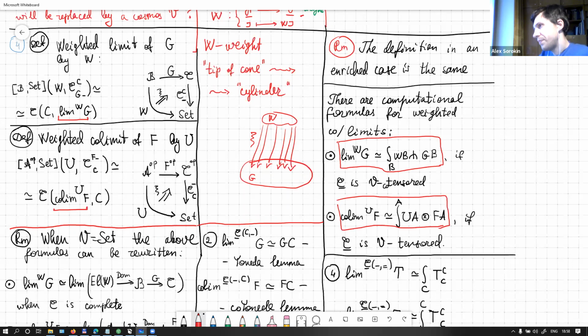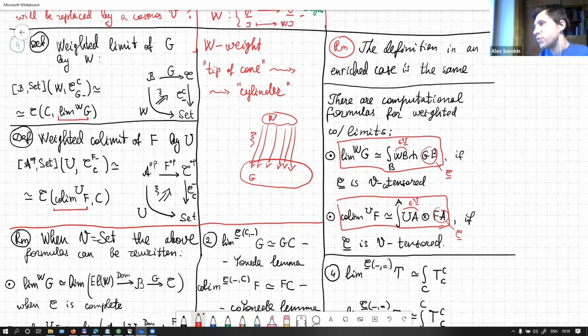The value of our weight belongs to category V, and the values where functor G takes place belong to category C. And here F of A also takes values in category C.